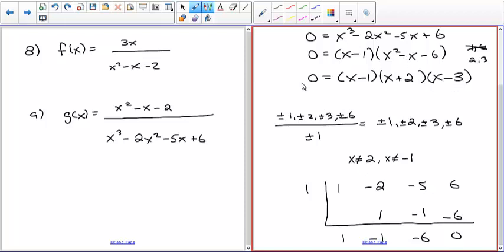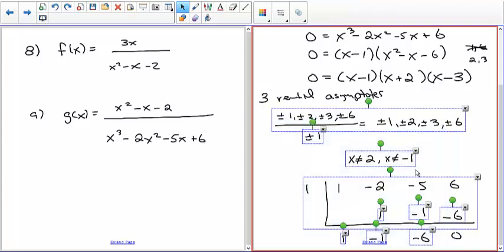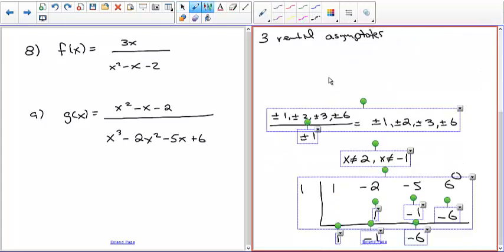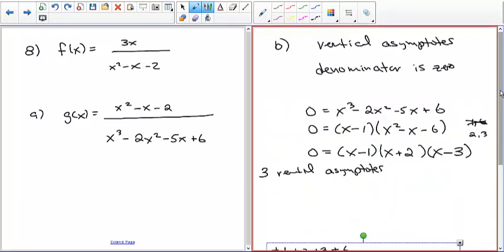So what that means is from this we have 3 vertical asymptotes. Let's move this thing down again. So you've got the vertical asymptotes are when each factor goes to 0.